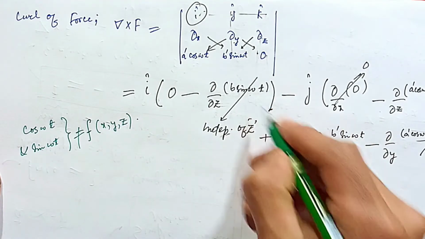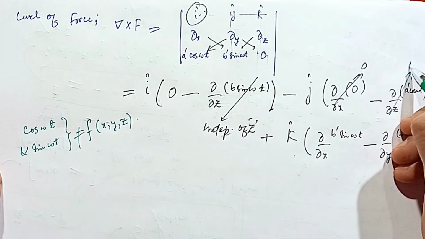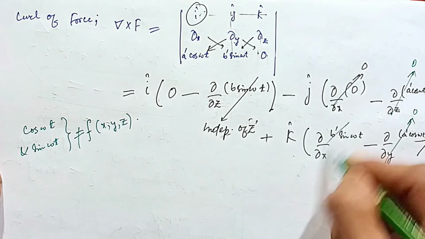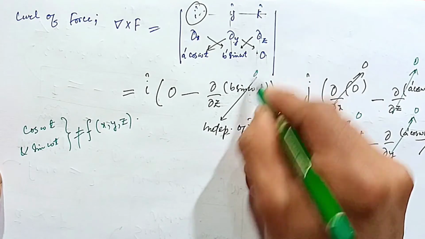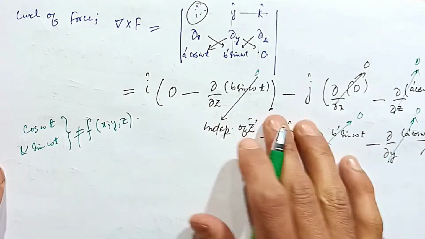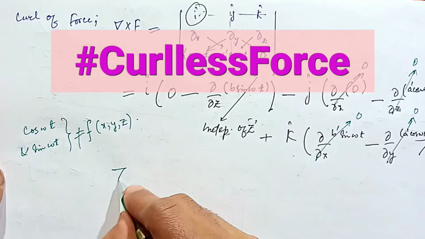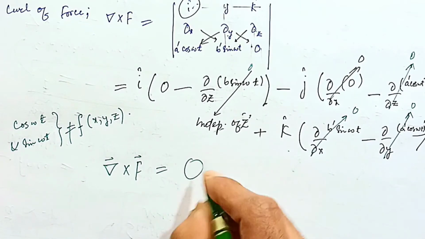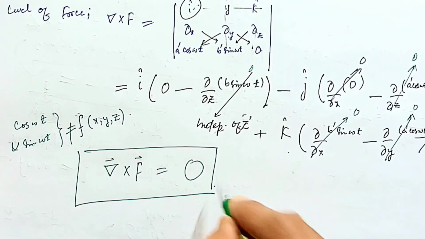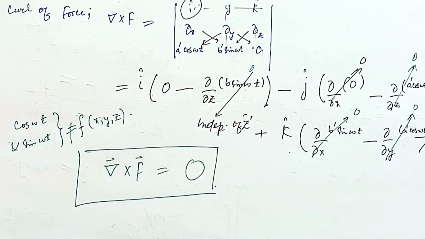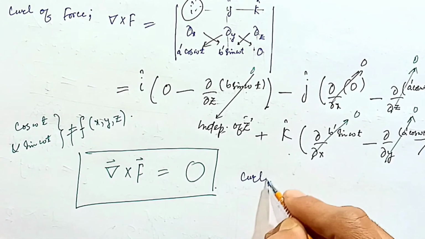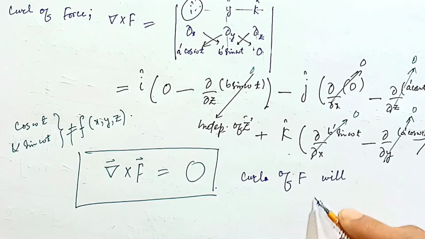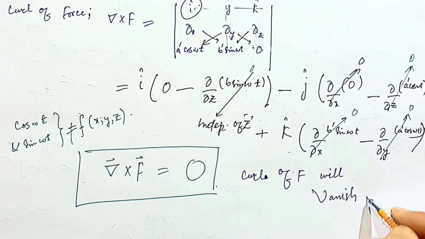So this will be 0, because differentiation of a constant is 0. This will be 0, this will be 0, and this will also be 0. That means the whole curl of the force will vanish. Curl of F will vanish. What does that mean?